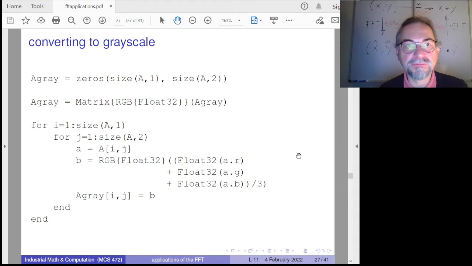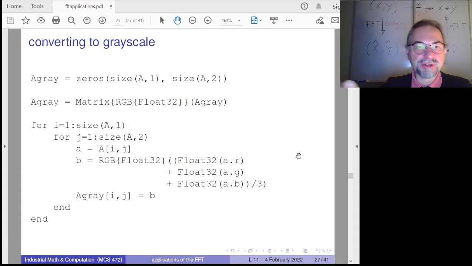Well, we're going to convert the color image to a grayscale image. So this is essentially a 32-bit floating point matrix, but where we store the elements in the RGB coding. So we have now a matrix of RGB floats, where every element is replaced by the average of the color intensities.